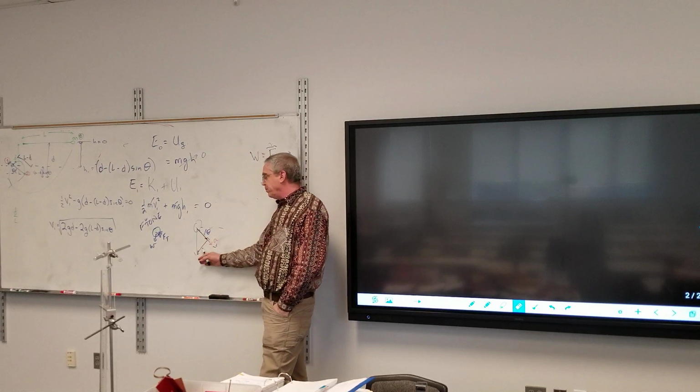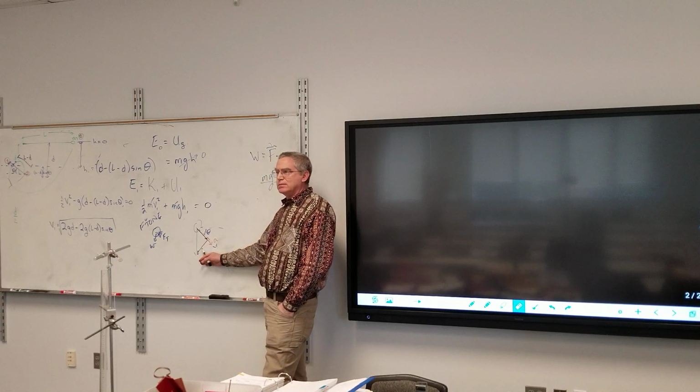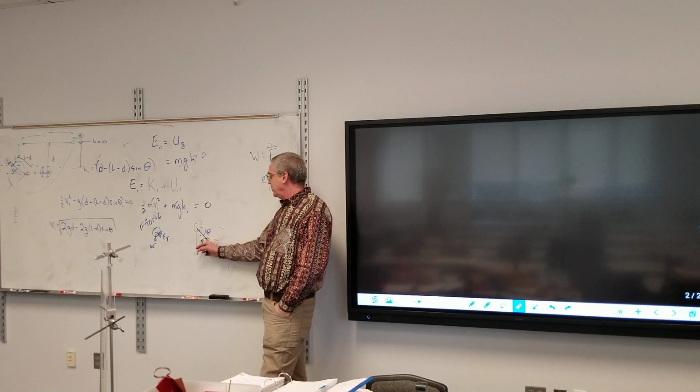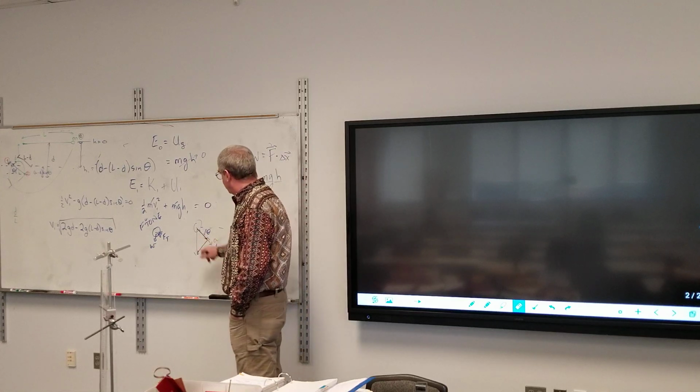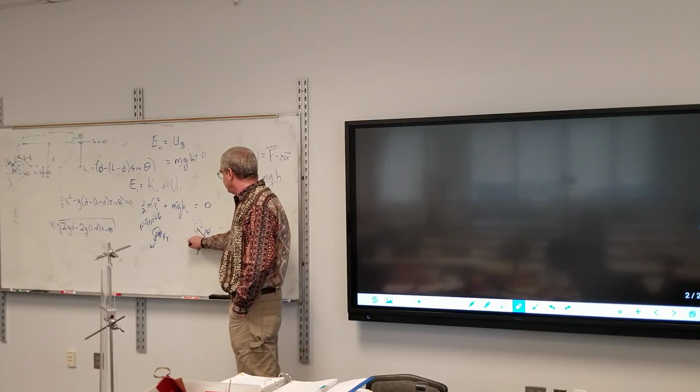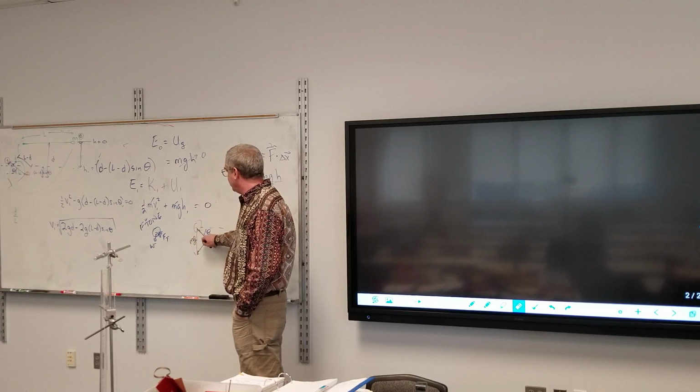This component here is slowing it down, because it is slowing down as it goes up. And this is the component that's causing it to travel in a circle. So if this is mg, what is this component here?